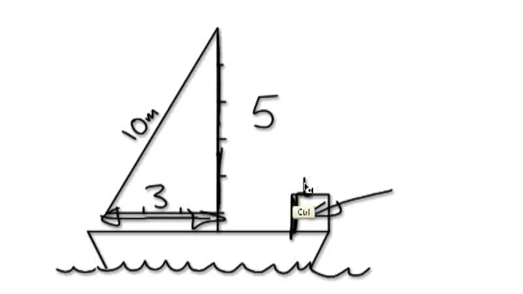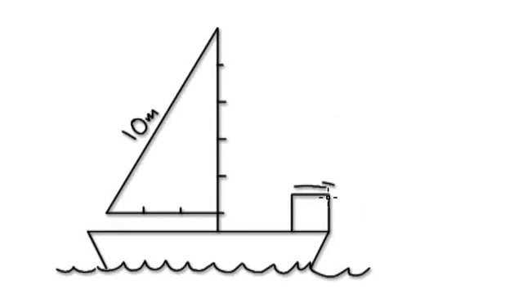Okay, so basically work out the length of the cabin for me. Work out x here. So basically, you know this will be 5x because it's 5 times the length of the cabin, and this will be 3x here. So find out the length of the cabin. So press pause and have a go.